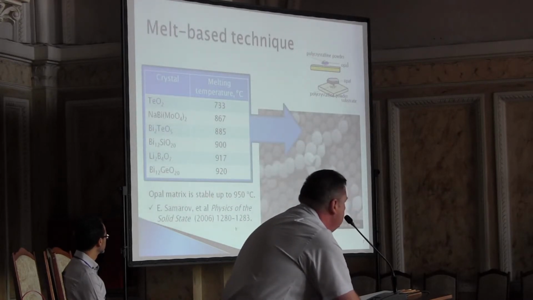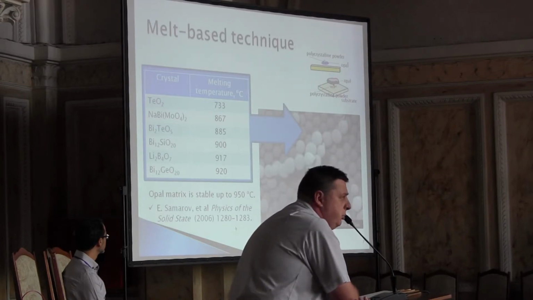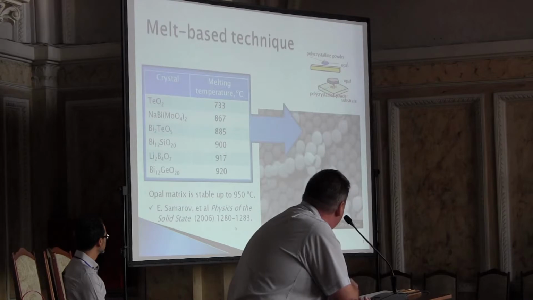The melt-based technique is more complicated. It needs high temperatures, and in this case we put polycrystalline powder of the substance we want to embed on the surface of the opal, and then heat the whole system up to a temperature slightly higher than the melting temperature.